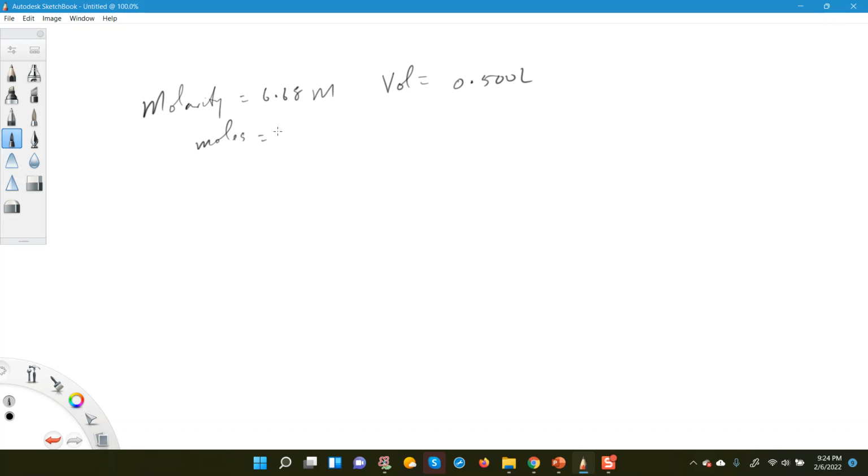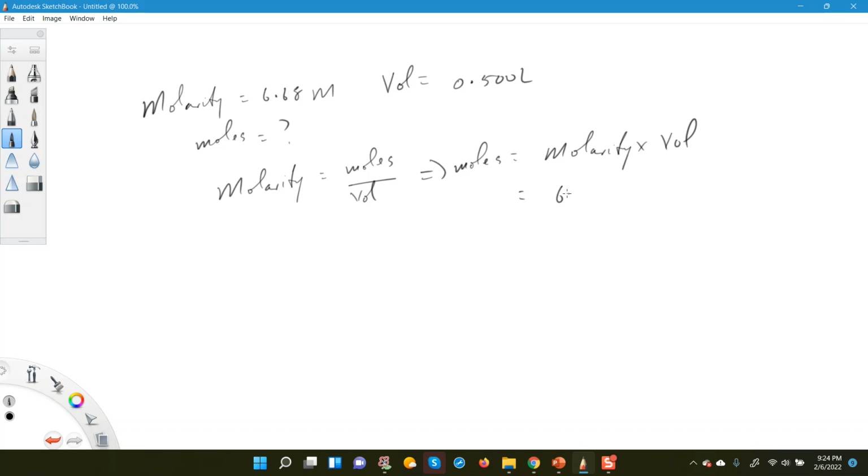So basically, we know that molarity is equal to moles divided by the volume in liters. So this implies that the moles would be equal to the molarity multiplied by the volume in liters. All we have to do is put the numbers in.